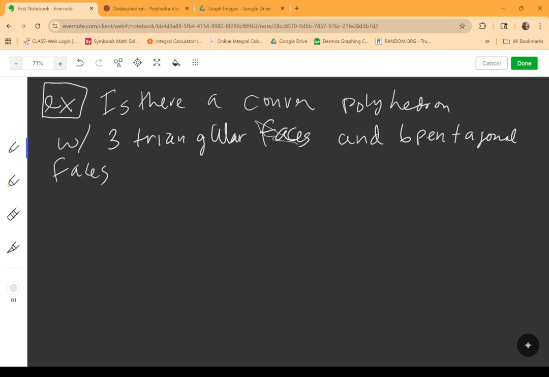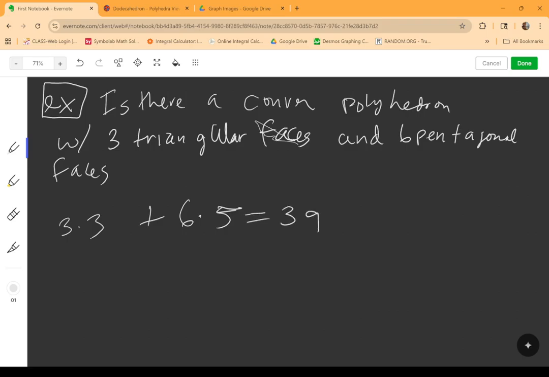So if we think of this, 3 triangular faces, so that'd be 9 edges, and then 6 pentagonal faces, so that'd be 6 times 5, for a total of 39.